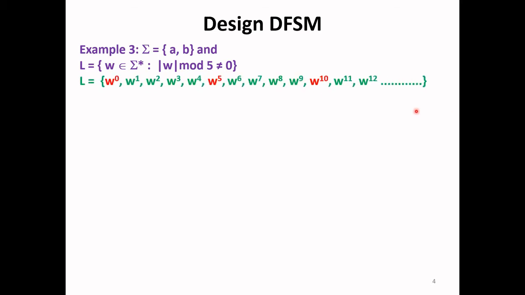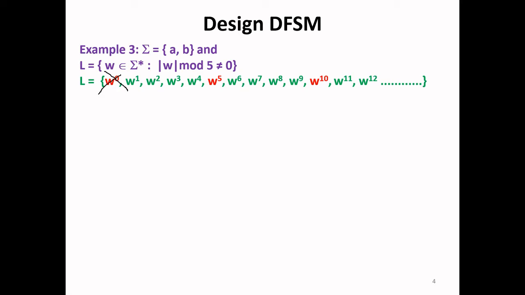It means, what are the possible strings in this language? Will it accept the string with length 0? 0 mod 5 is equal to 0, whereas this string does not belong to this particular language. So w raised to 0 is not accepted.